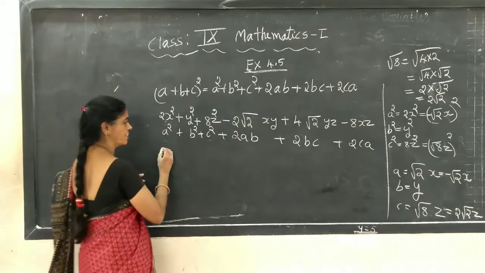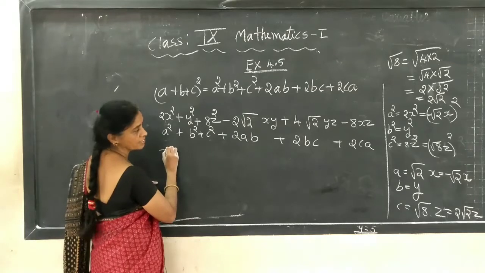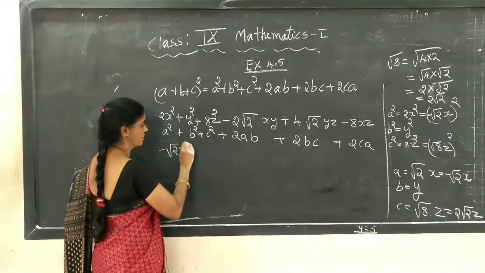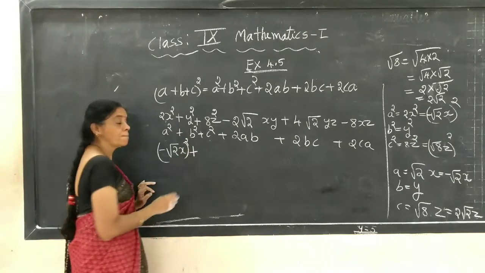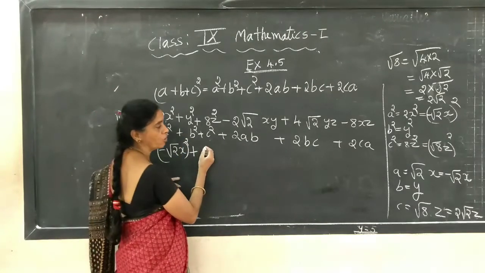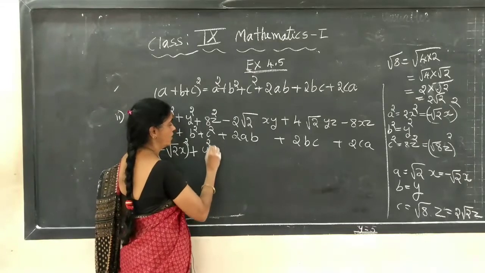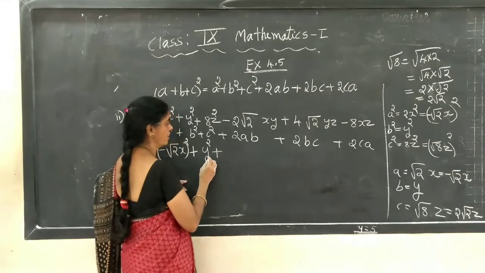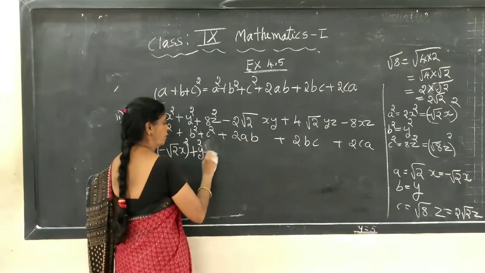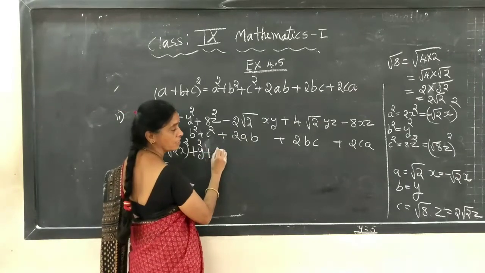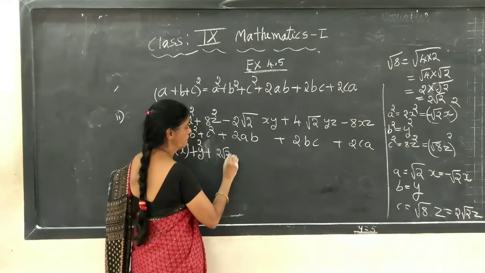Now a square: a is minus square root 2 x, its whole square, plus b square. b is y, so y square, plus c square. c is 2 square root 2 z.